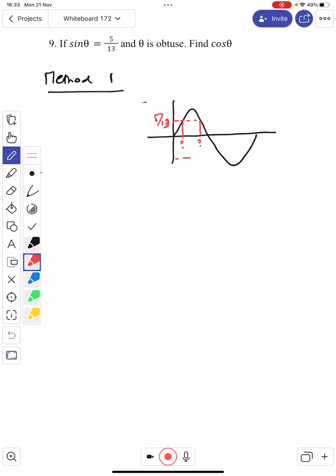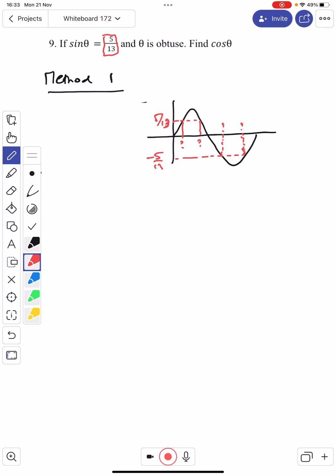We also know that there's two angles over here that would give me minus 5/13. When we're doing this method, we are really sort of ignoring the sign of this thing over here initially, on the basis that there are four possible angles that could return a value of plus or minus 5/13.